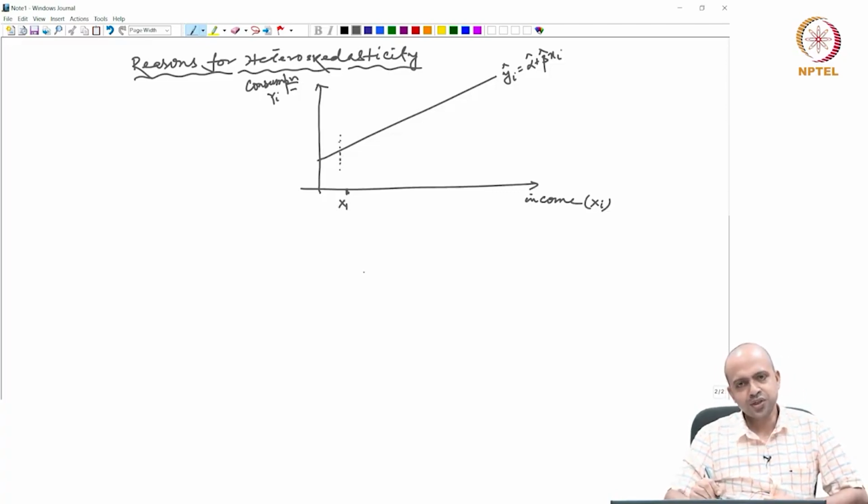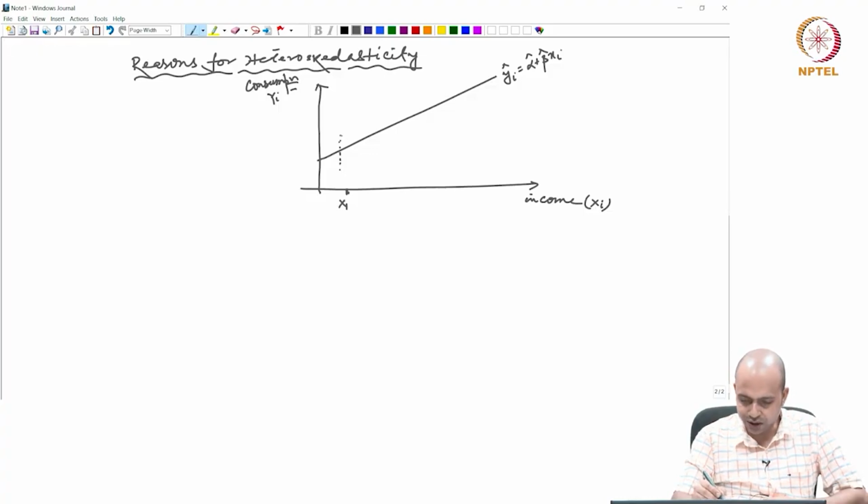Okay. And we said what are these deviations? The deviations from your prediction are obviously error, right, because your predicted line says the actual predicted consumption should be like this, the model predicts the consumption here, but some observed consumption is actually above the line, some observed consumption is below the line.